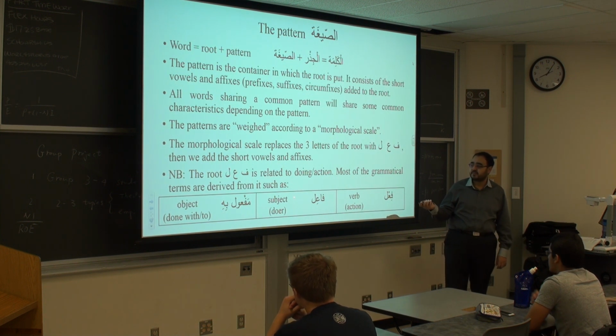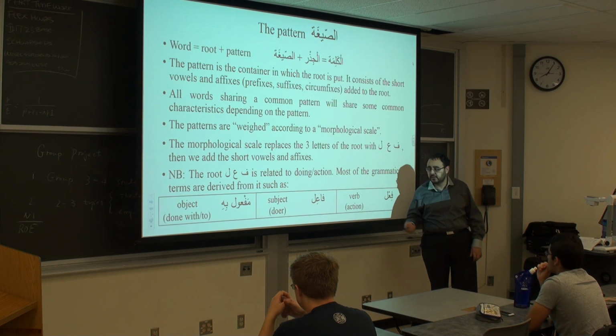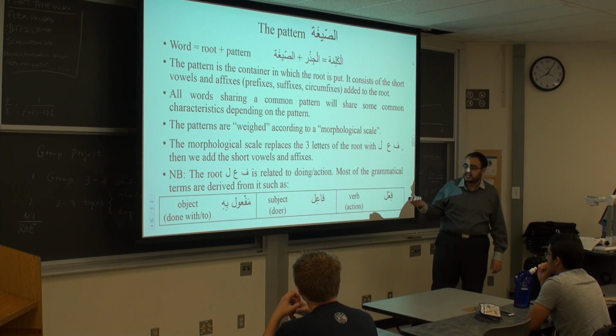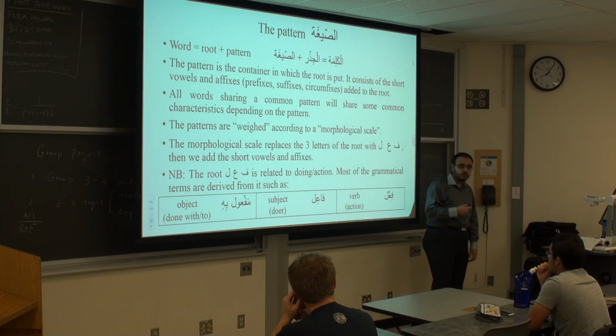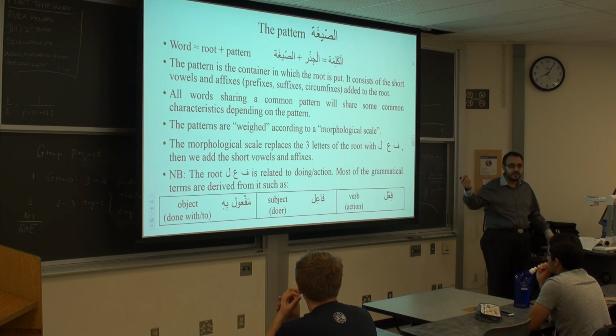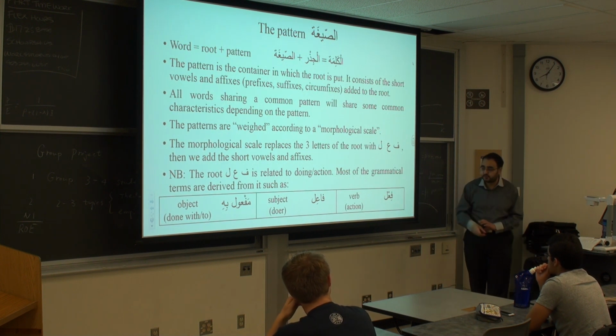Fa'il is grammatically the subject and literally the doer of the action. Maf'ul bihi is grammatically the object and literally the done to or done with: either the person that you're doing the action to, or the object that you're using to do that action.